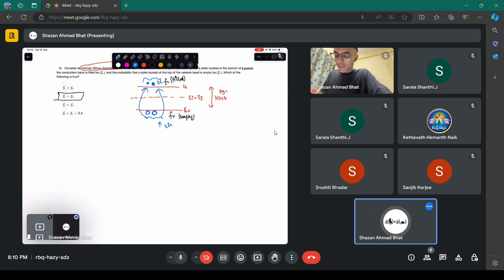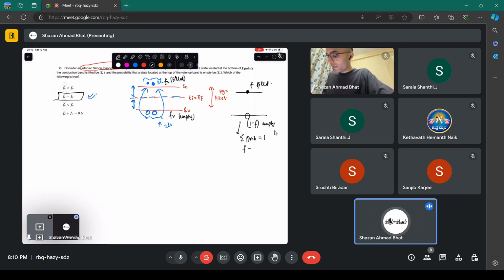Two holes, two electrons. And your explanation that the Fermi level is exactly in the middle, so this thing is exactly equivalent to this thing. So that's why the overall probabilities will be equal in both cases. It is as if you have two states. If you have this filled with an electron and this is a hole, and F represents the probability of being filled, then 1 minus F represents the probability of being empty, because the sum of probabilities should be equal to 1.